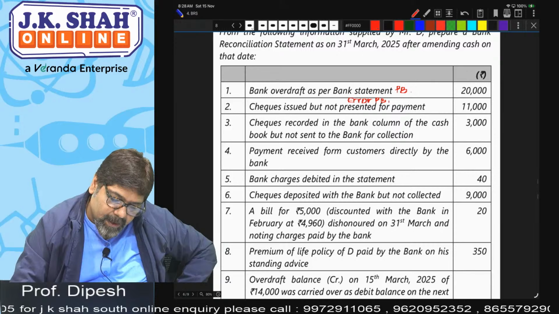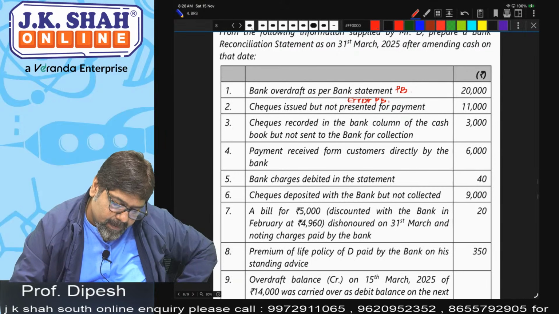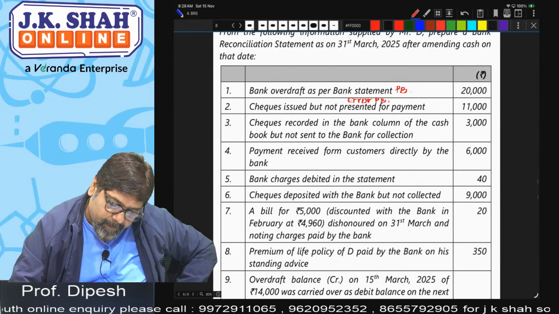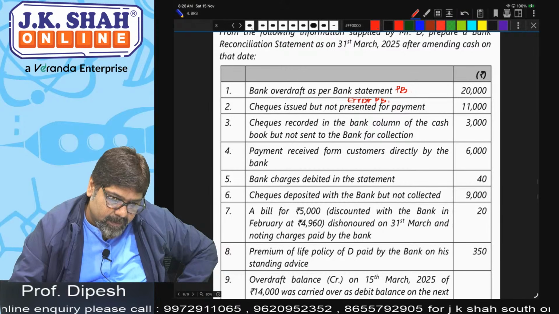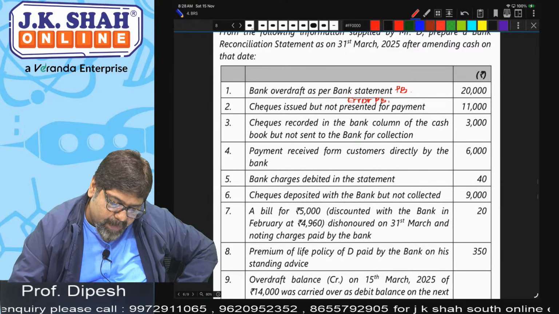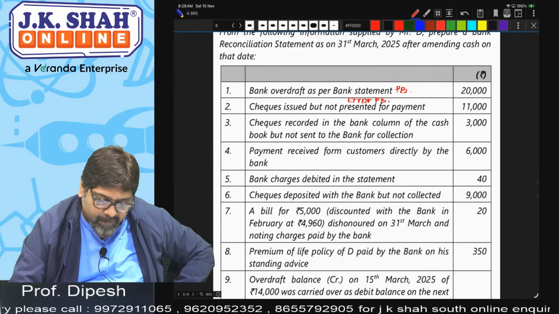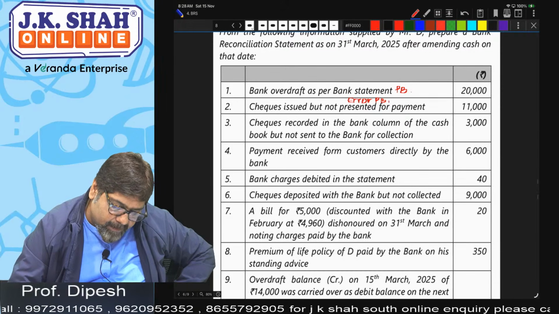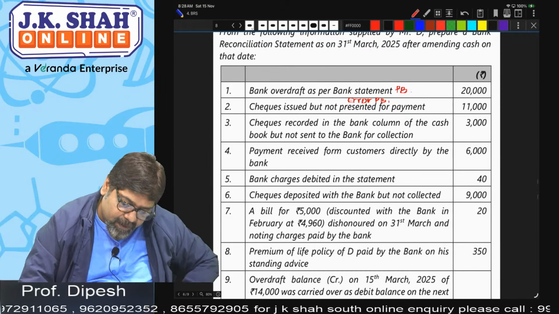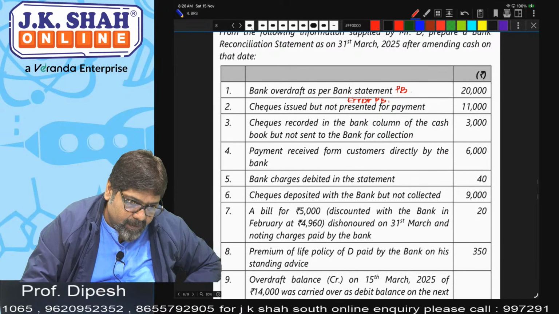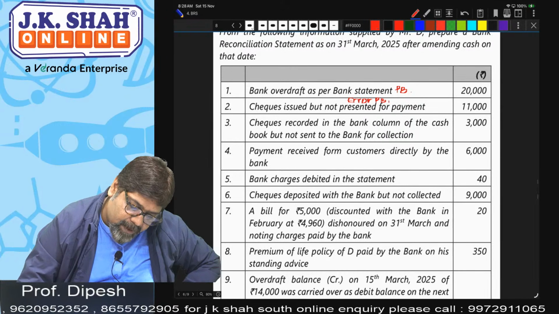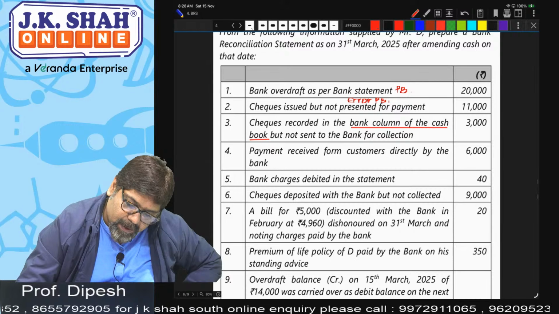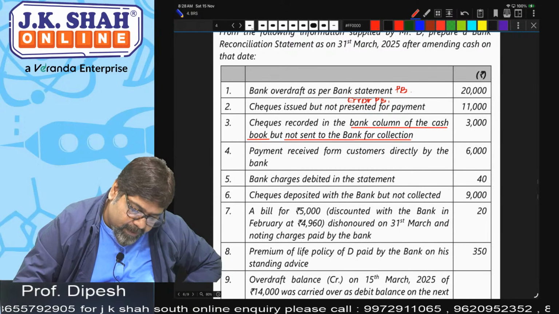Now, chartered. Cheques recorded in the bank column of the cash book but not sent to bank for collection.